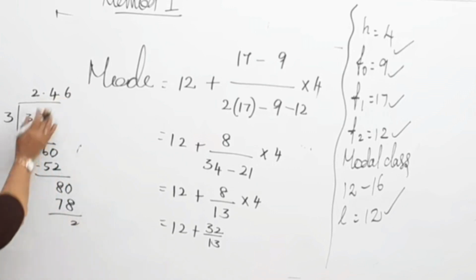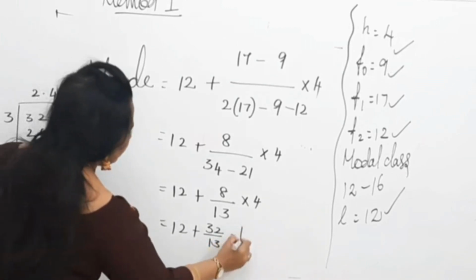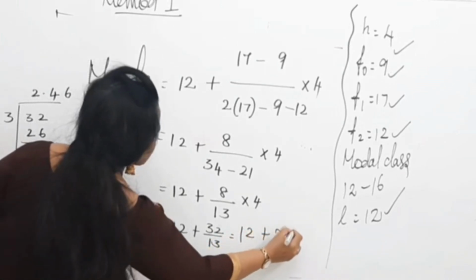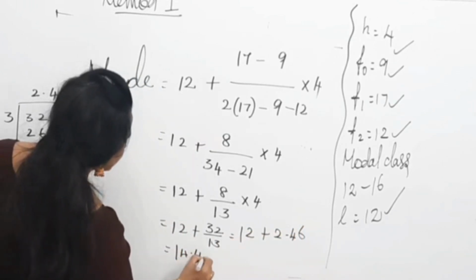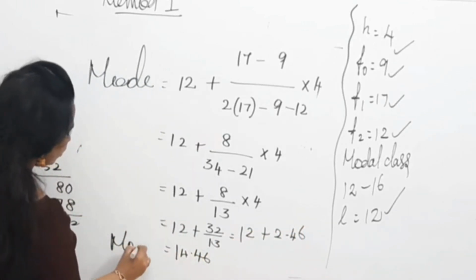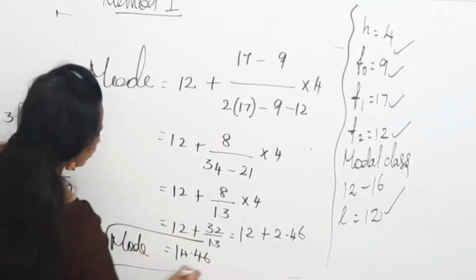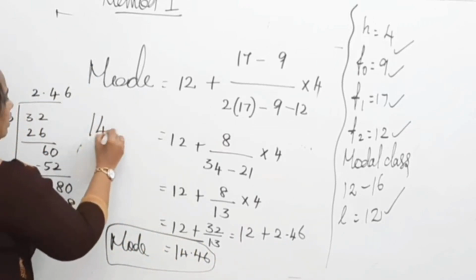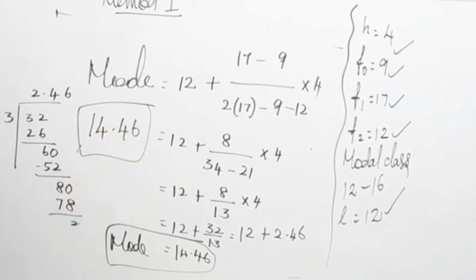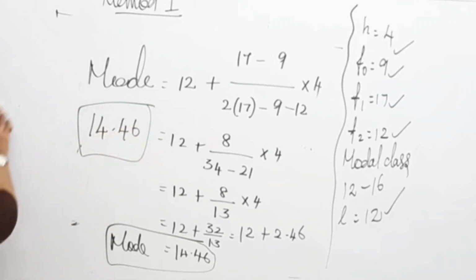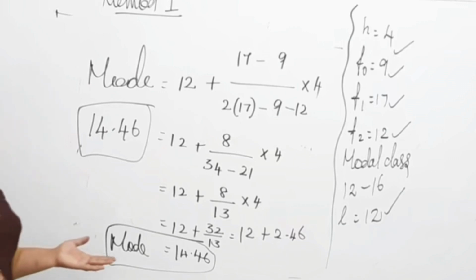So I stop here. That means 12 plus 2.46, which is equal to 14.46. That is my mode. I got my answer, 14.46. Thus, my answer is 14.46. Hope everyone understood how easily you can get your mode.